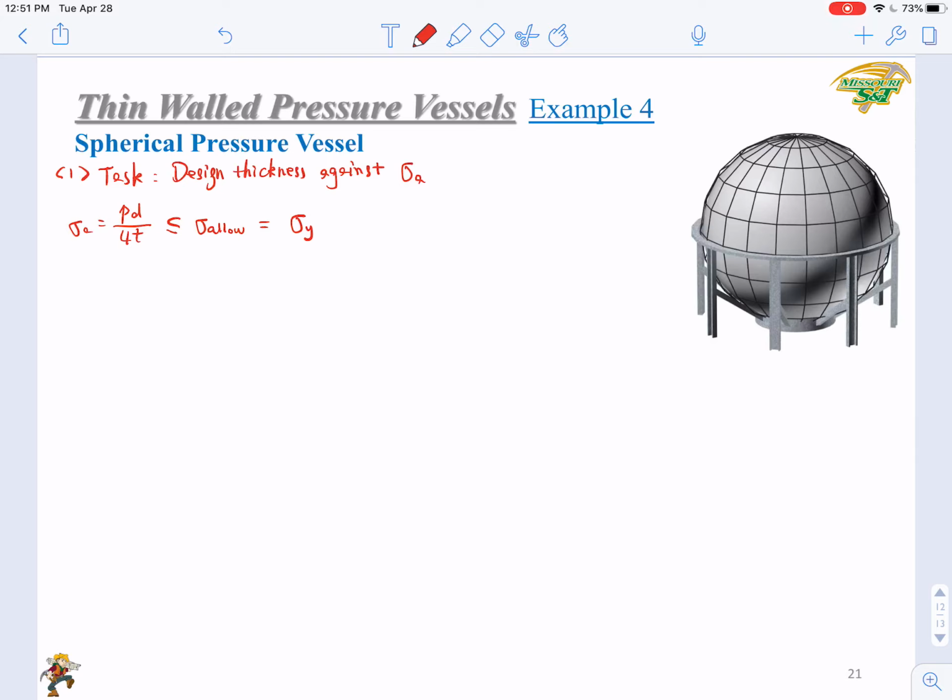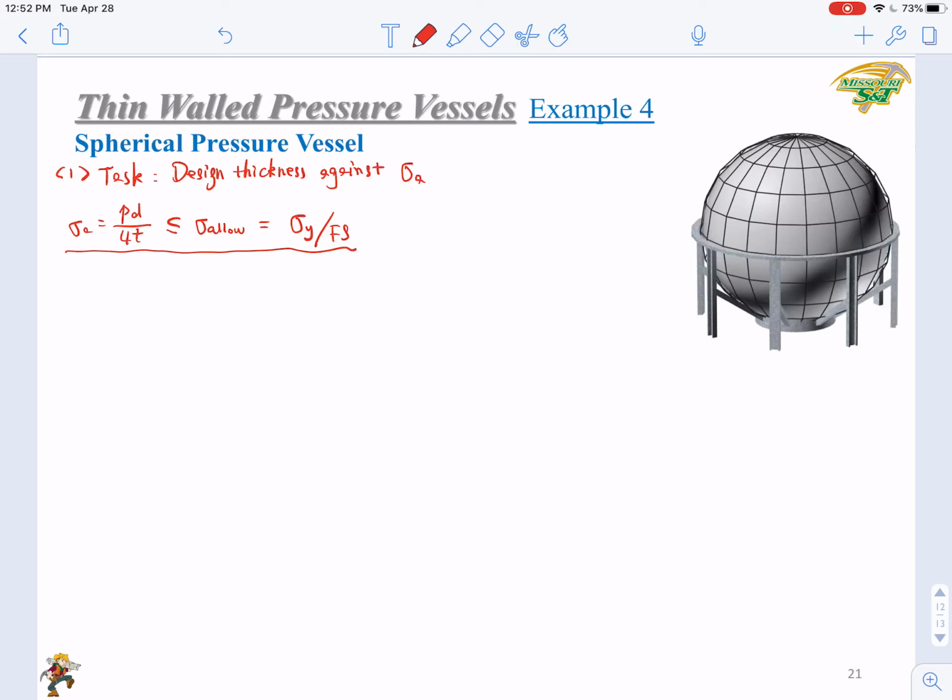We have to make sure that the stress generated by the service load is much lower than the yield stress. Normally, we introduce a concept of factor of safety. You just use the yield stress over the factor of safety as the allowable stress.